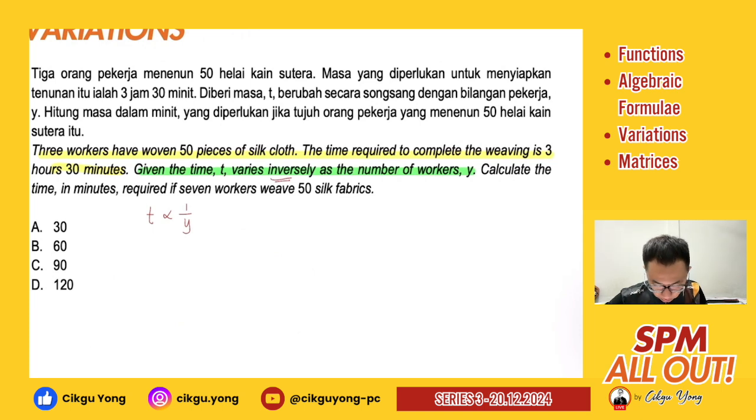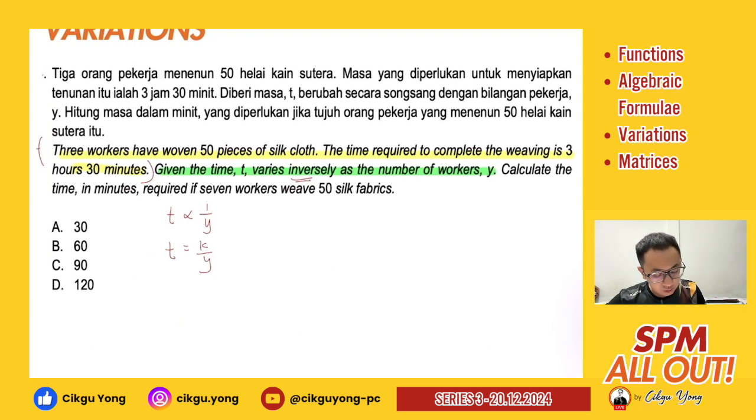Okay, then t equals k over y. Then from here you just go through this part because you need to find your k now. In order for you to find your k, you need your t and your y, so just put in. So 3 workers, workers is y. This is your y, because the number of workers is y.